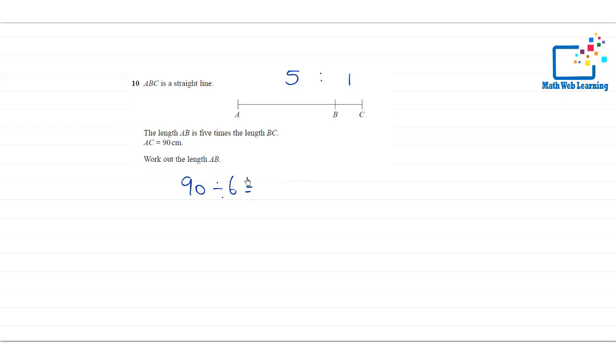And this will give you 15. So AB is equal 15 times 5, which is 75 centimeters. This is one way, my preferred way of doing it. Next question is question 11.